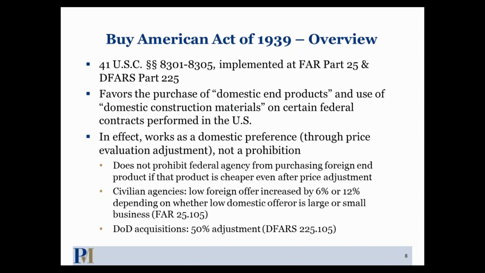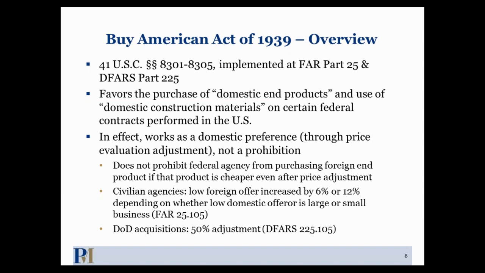while it's written as a prohibition on foreign end products, the way that it actually is applied is as a preference for domestic end products. So there are circumstances where the government can acquire a foreign end product, even though the Buy American Act might apply to that procurement.